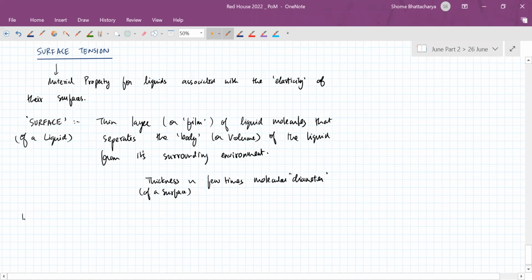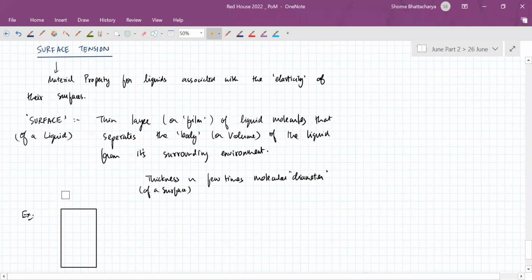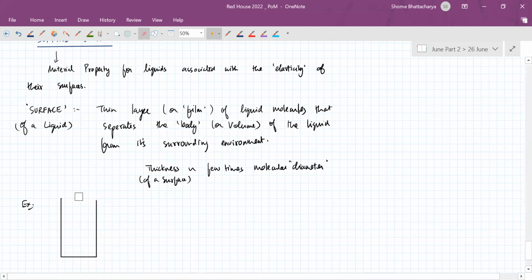So an example would be, suppose we have a cylindrical vessel with liquid inside it, open cylindrical vessel with liquid inside it. So there will be a thin layer of molecules right at the top, which separates the surrounding environment, which is air, and the volume of the liquid.